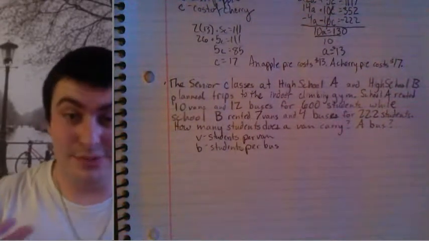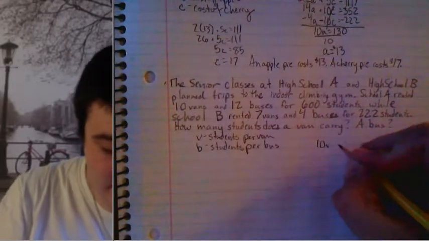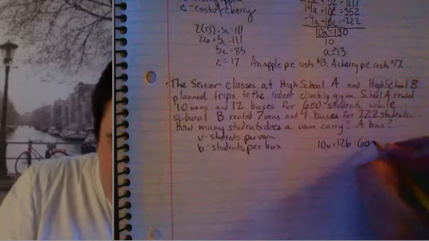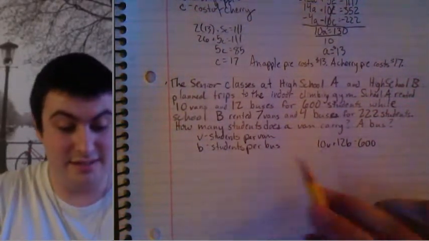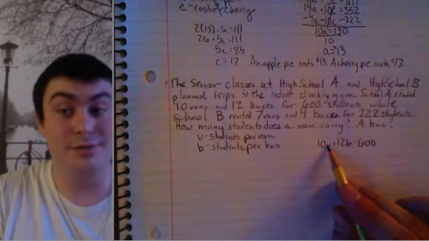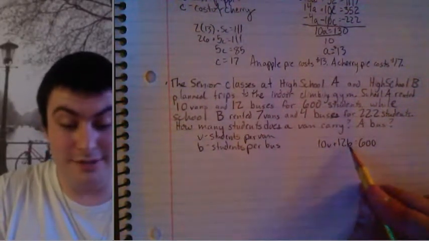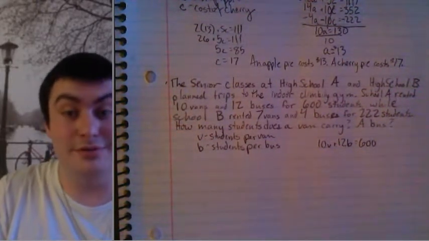So let's see, High School A had 10 vans and 12 buses for 600 students. So 10v, how many students per van, is how many students took vans. 12b, how many students per bus, is how many students took buses. The amount by van and by bus equals the total number of students.